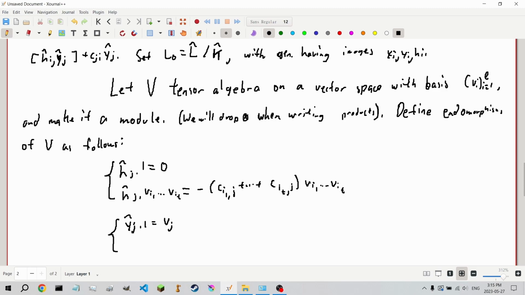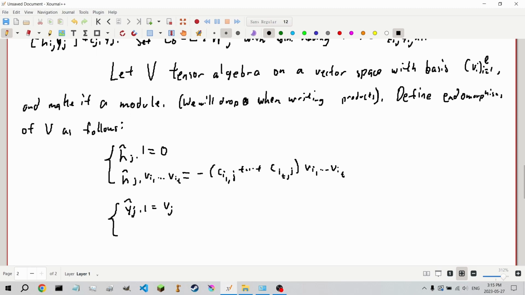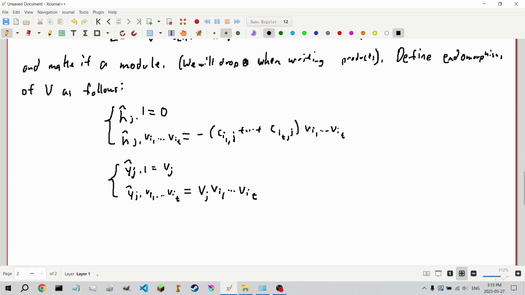The action of y hat j on a series of vectors v_i1 through v_it, tensor product, we don't write it out, corresponds to multiplying by v_j. And lastly, we have x. We're going to have x hat j on 1 be the same as x hat j on a single vector, which is going to be 0.